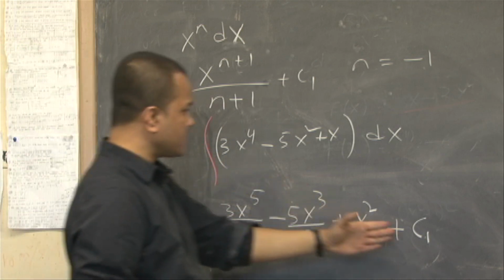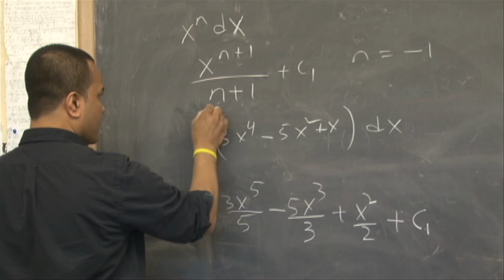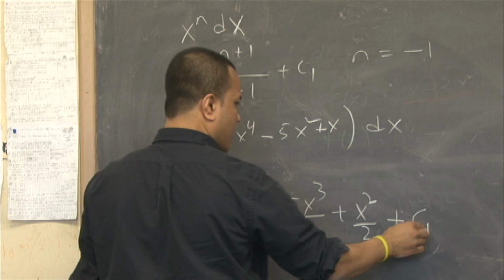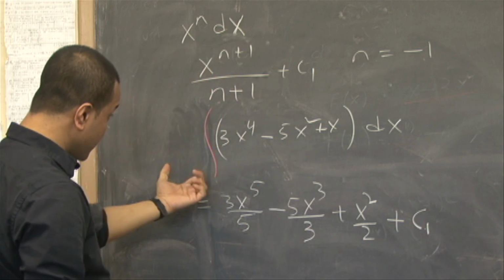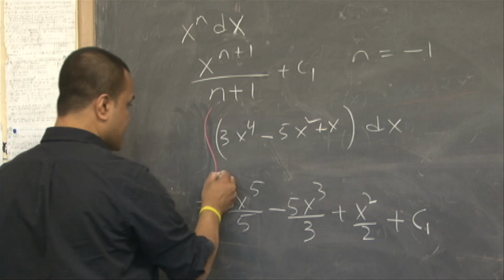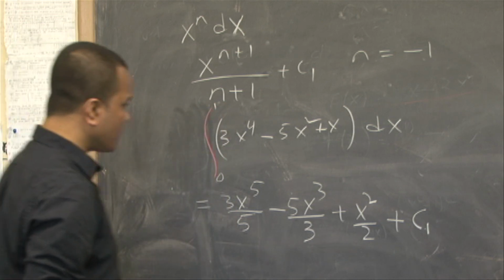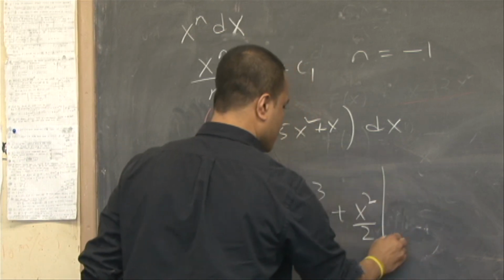Why c1? c1 is there because we do not have limits here. If we have limits, then we don't end up with c1. So let's put some limits here. Let's put x from 0 to 1. Then we don't have c1. Instead of c1, we write 0 to 1.